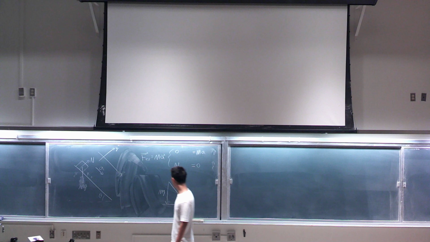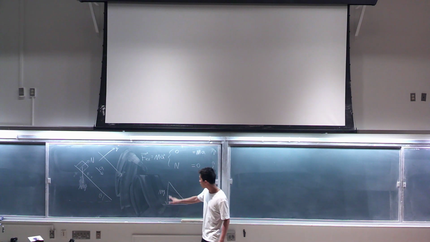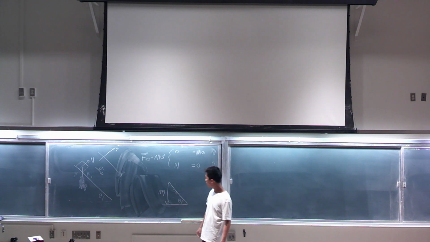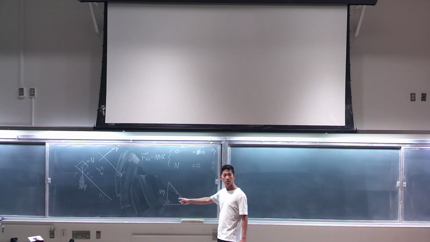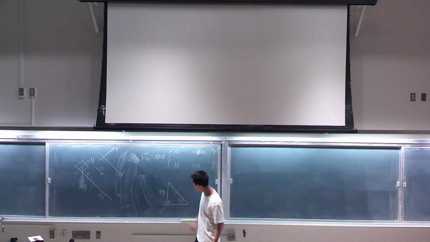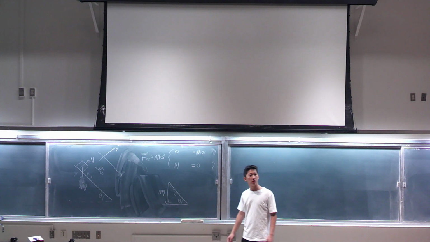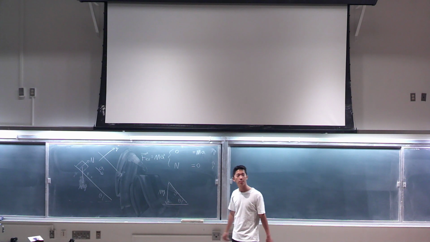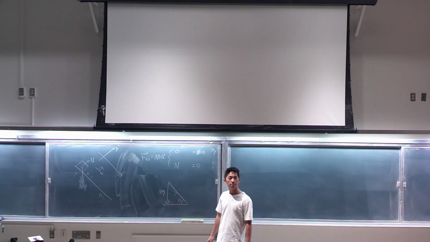Okay, so when I break down this gravity, I need to break it down into a component along the x direction and a component along the y direction. Does that make sense? When you break down gravity, the two components need to be perpendicular to each other. That's how you break down a force into components, no matter which coordinate you are in. Okay?